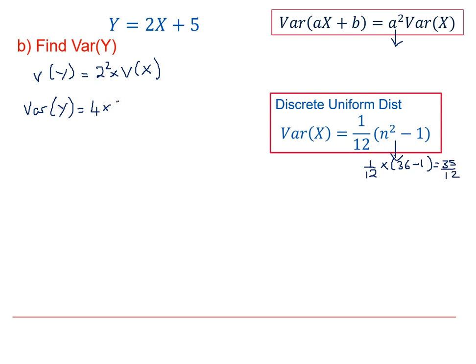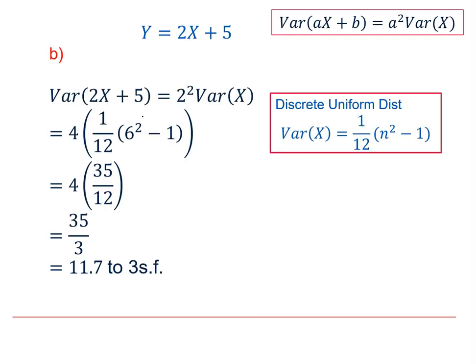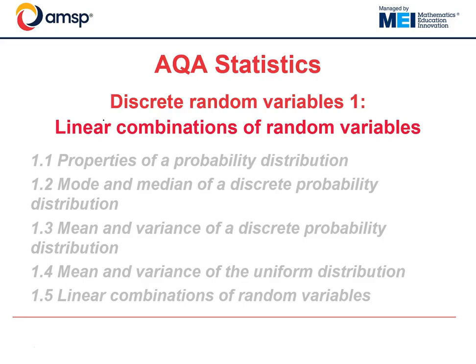So it's just 4 multiplied by 35 over 12. And again, you can see it written out a bit more neatly for you. So it cancels down to 35 over 3, or 11.7. Very simple to do. And that concludes this series of videos.